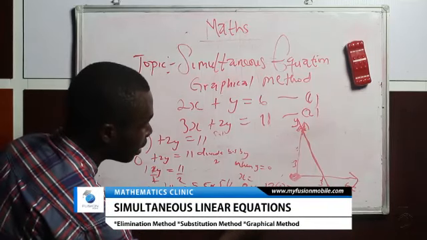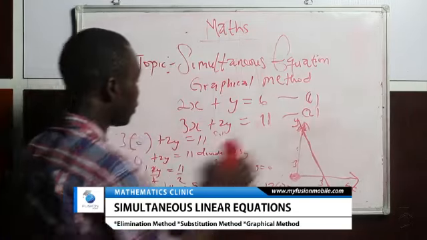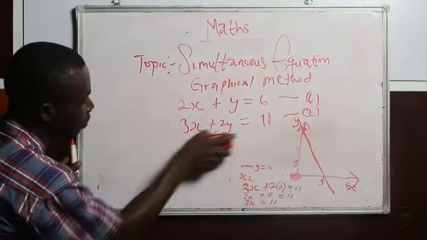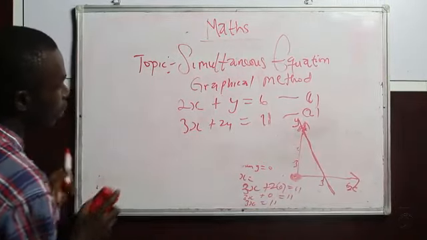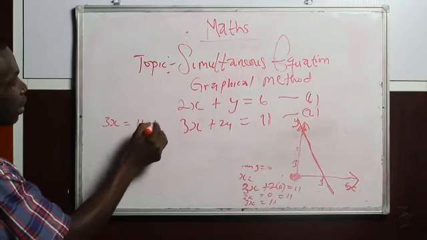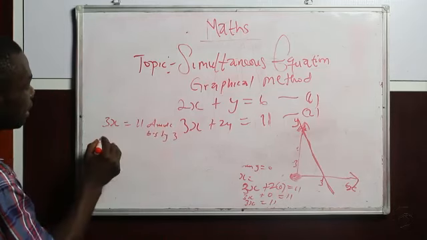We now have 3x equal to 11. Where we have 3x equal to 11, divide both sides by 3.